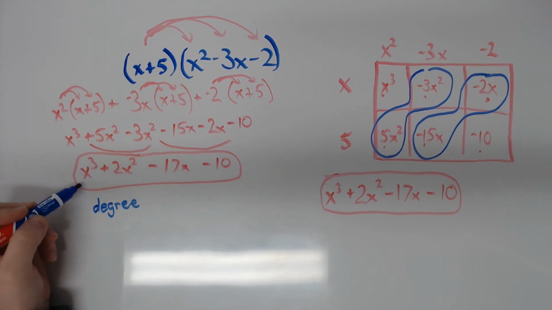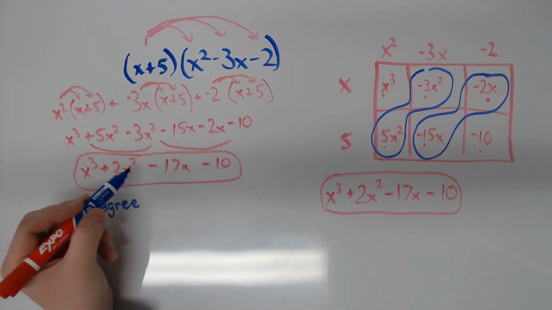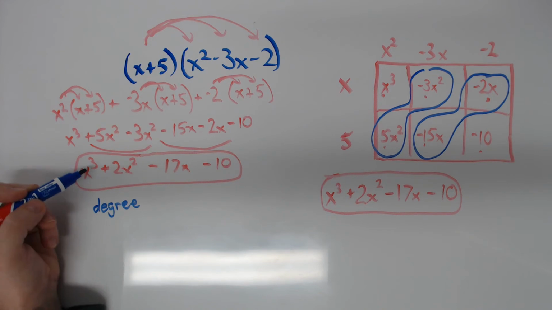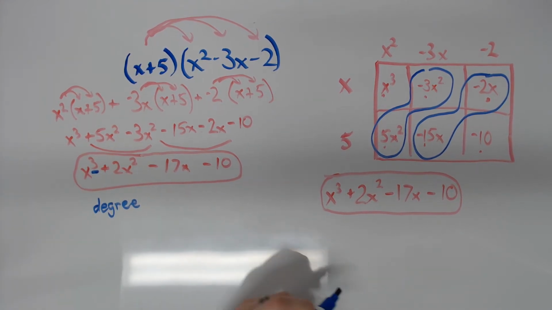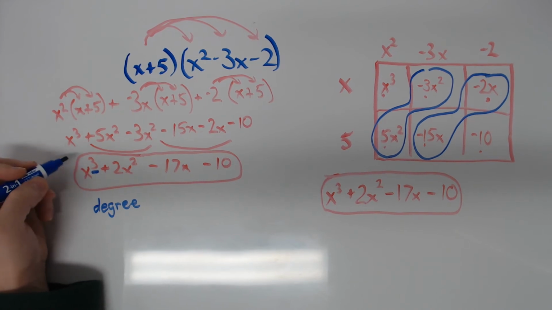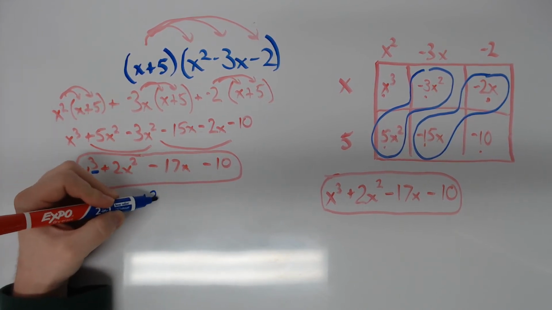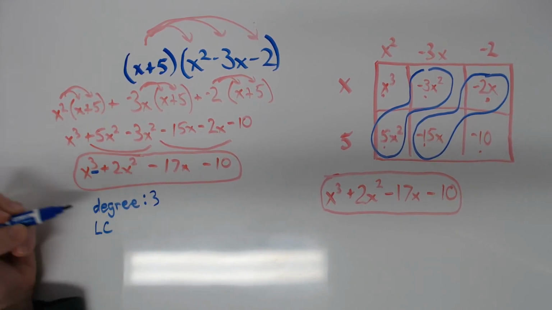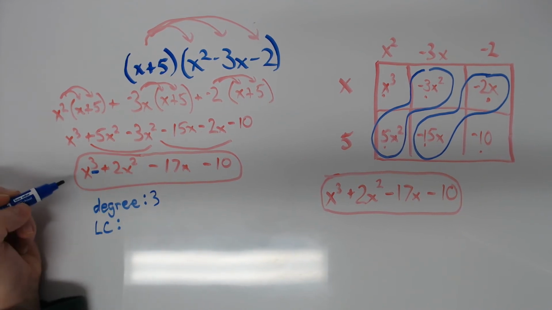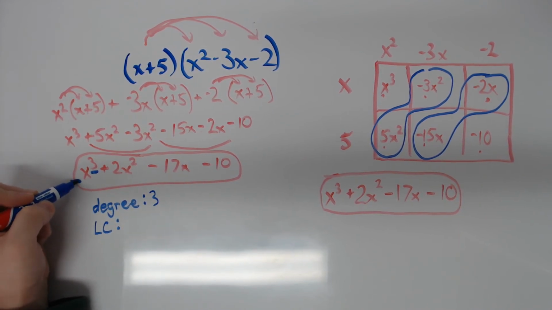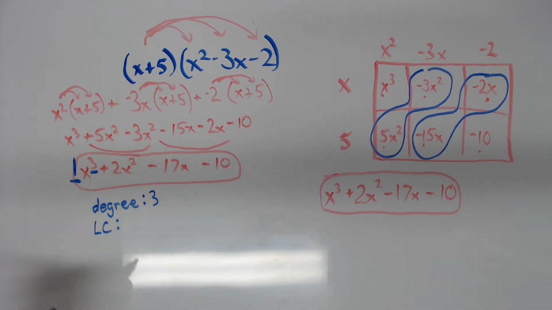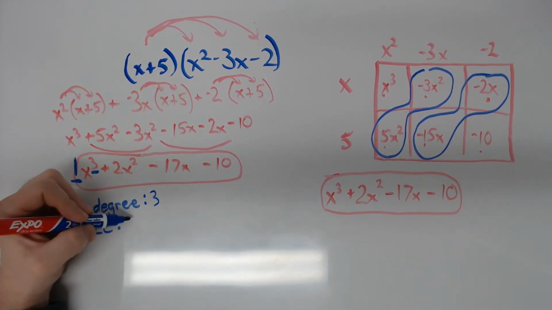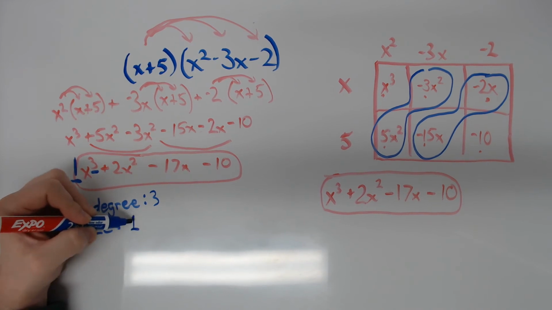All right, let's do a quick little refresher on degree. What would the degree of this be? Why don't you take a guess for yourself? The single biggest power of any term. So this whole polynomial has a degree of 3. Lead coefficient is the number in front of our biggest degree term. There's nothing there, so we know that it's a 1x cubed, so my lead coefficient is 1.